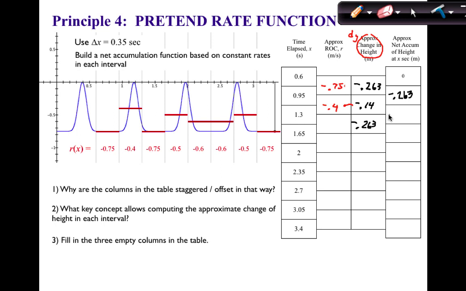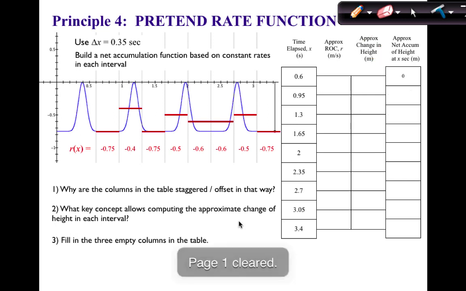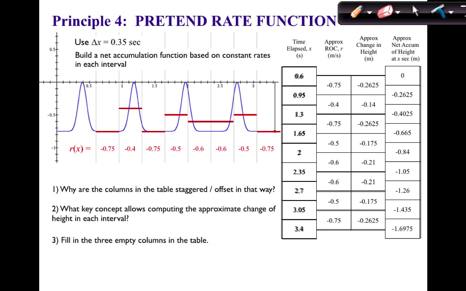So what do we get? Negative 0.4025. So what accumulation means, you're accumulating, right? You're adding on the new change to all the change from before. That's accumulation, right? So in this column, we're adding on all the new amount of change to all the change that we had before. So you can just glance at the values here and see if it agrees with the table you came up with.